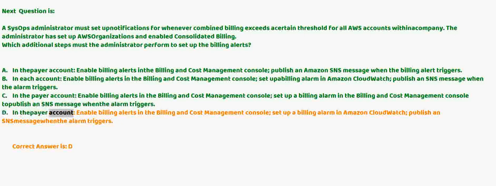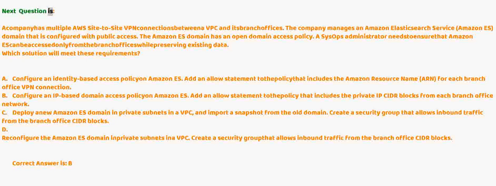D. In their account, enable billing alerts in the Billing and Cost Management console. Set up a billing alarm in Amazon CloudWatch. Publish an SNS message when the alarm triggers. Correct answer is D.